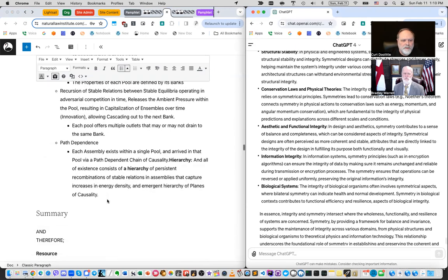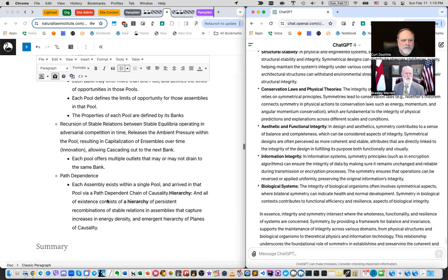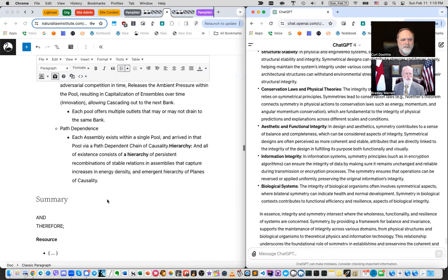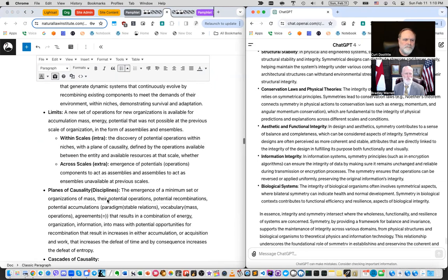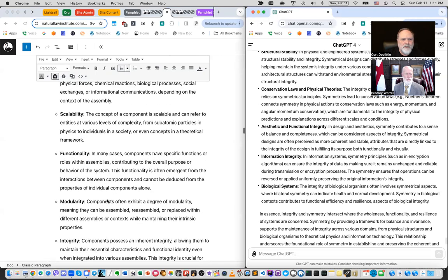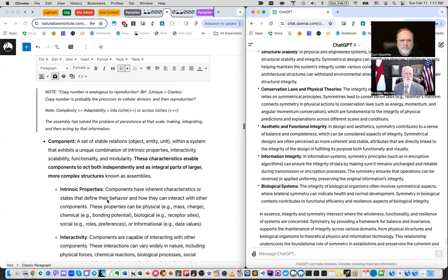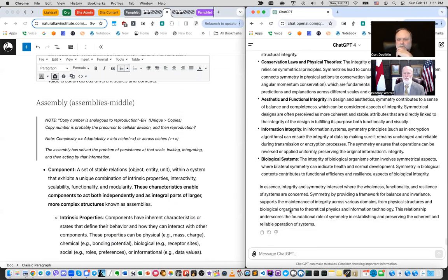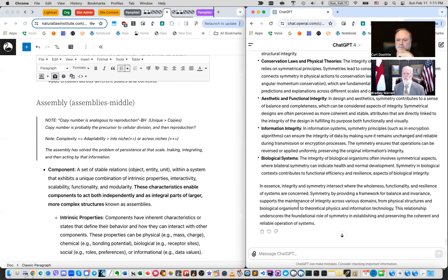Forgot where we were. It's above there. Above this? Yeah, pull down. There you go. Not very good.